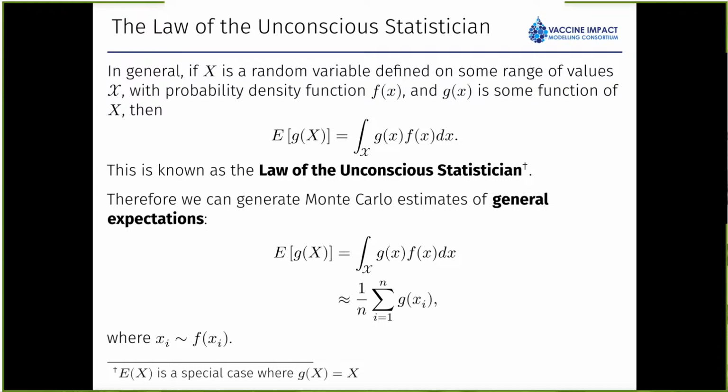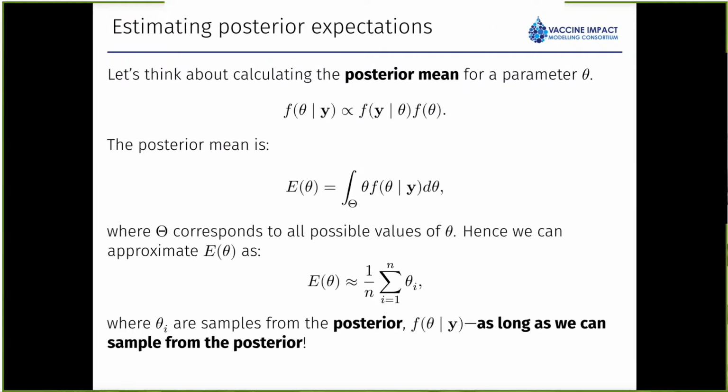So we take each of those samples, we apply our function, and then we average them. The reason this is important is that you're not limited to just the mean. You can generate estimates of expected values of any function of a random variable using Monte Carlo estimation, and it will still be unbiased and consistent, okay? And I will return to this at the end.